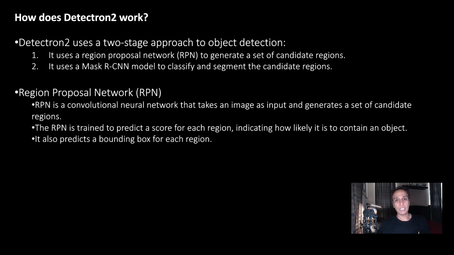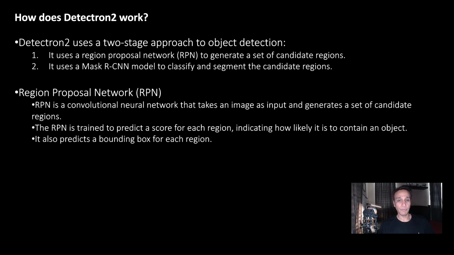And just a summary on the region proposal network: it's a convolutional neural network, and it takes the image as input and gives you the candidates where the objects may be present, and it's trained to predict a score for each region, like how likely that region contains an object. Of course, eventually it predicts the bounding box for each region, but the bounding box itself is not that useful.